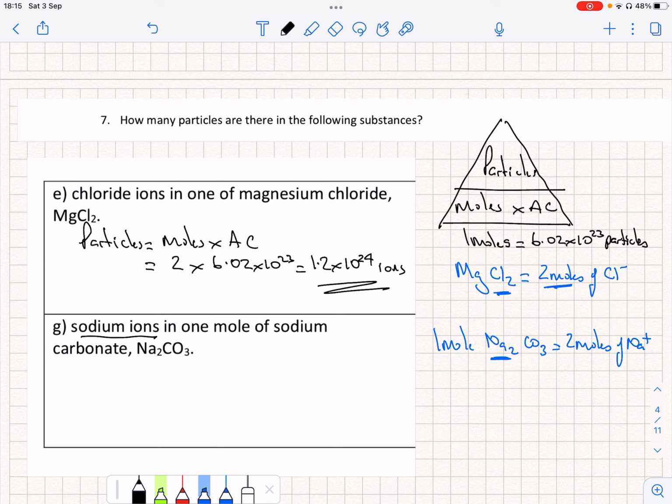So again, my equation to find the particles is going to be moles times by Avogadro's constant, and again we've got 2 lots of moles times by Avogadro's constant. Work all that out and we will get the same answer.